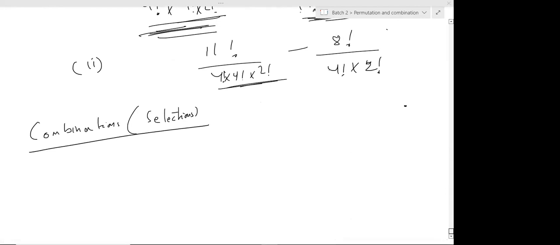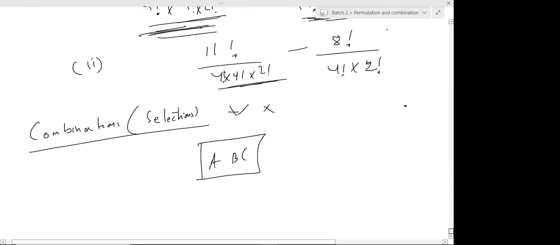All right. What is the basic difference between combinations and arrangements? Here, order doesn't matter, right? Suppose in a box, 3 things are there, 3 letters, A, B, and C, and I ask you to arrange them. Then ABC and BAC are 2 different things.